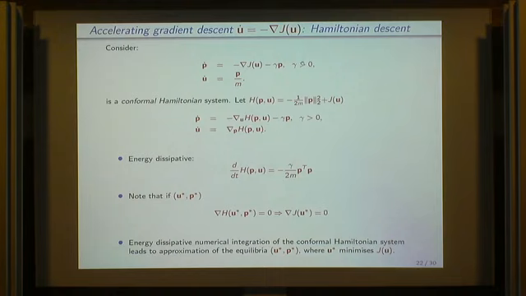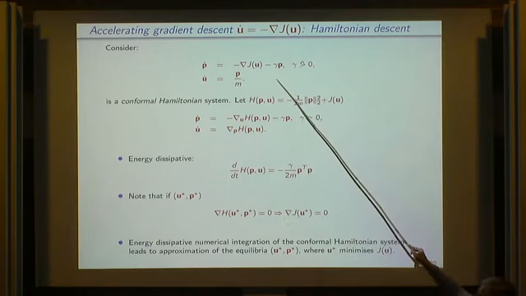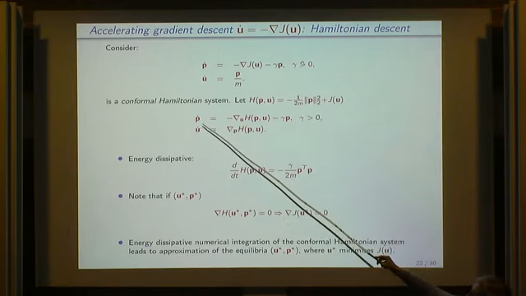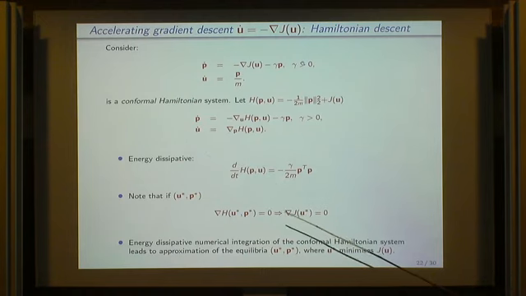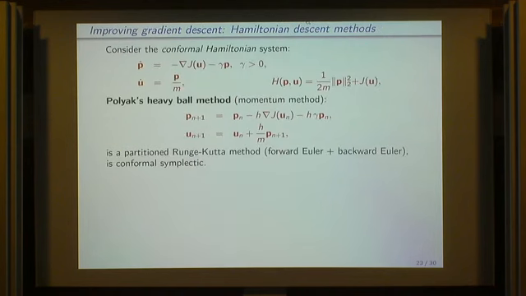Okay, so what you want to do with this equation is to integrate it with a simple integrator which is dissipating the energy. If the dissipation is linear, this is called a conformal Hamiltonian system. And then there is a way of defining conformal symplectic methods as well.